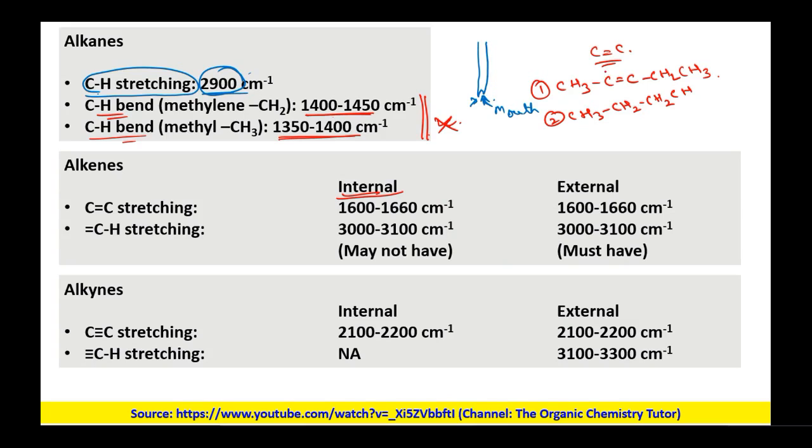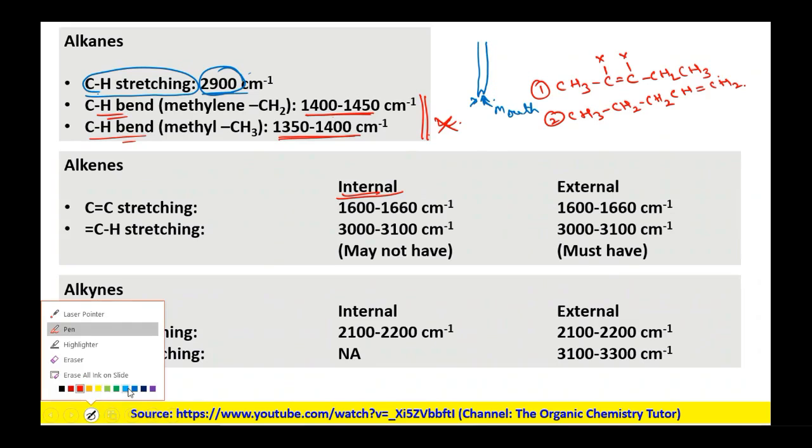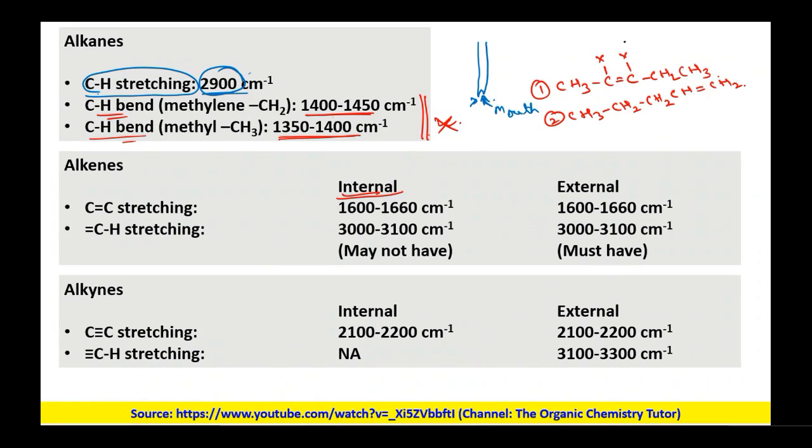I have not given any values over here, so another thing I can do is put X in this way. Herein, this double bond is the internal alkene, and due to the presence over here, at the terminal position, it is an external alkene.